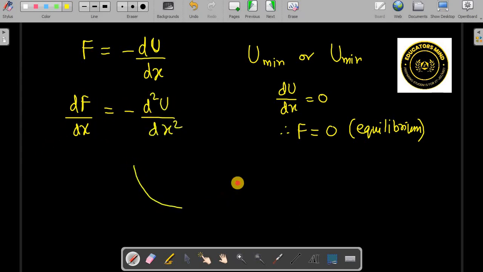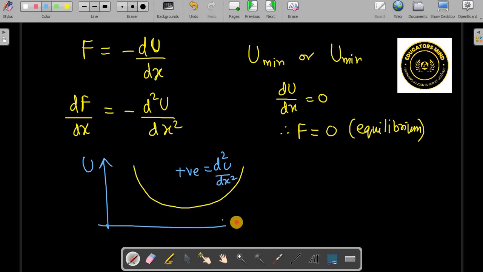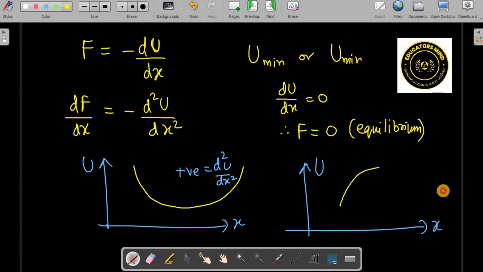Okay, so the shape of the graph, if you see a shape like this, this is going to be positive. Positive means the double differentiation, let's say this is the potential energy graph, so the double differentiation is positive. This is the potential energy versus x graph. Same way, suppose this is a potential energy versus x graph and this is a concave convex shape. So here the double differentiation d²U by dx² is going to be negative for this, right?